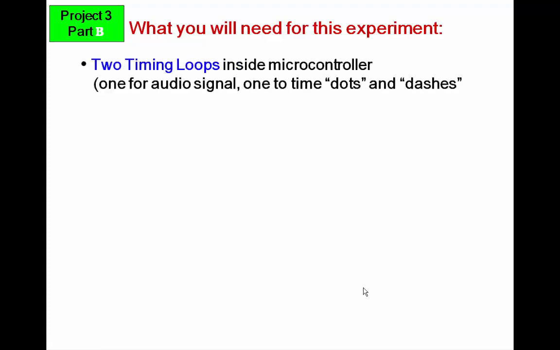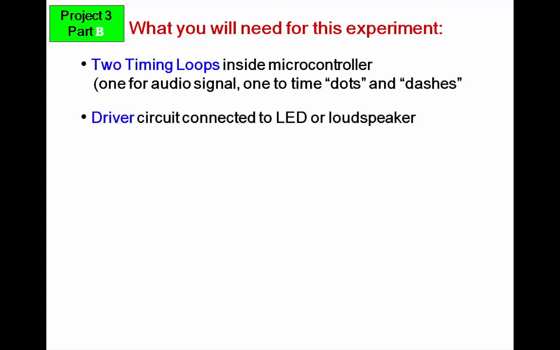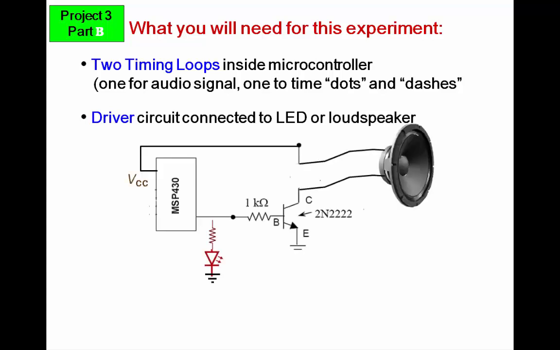For Project 3 Part B, you will need 2 timing loops inside the microcontroller, one for the audio signal and one to time the dots and dashes. You will also need a driver circuit connected to a loudspeaker for Part B. You can use the same circuit that we discussed for the motor controller, but instead of connecting the motor between VCC and the transistor, you can connect the loudspeaker from your parts kit.